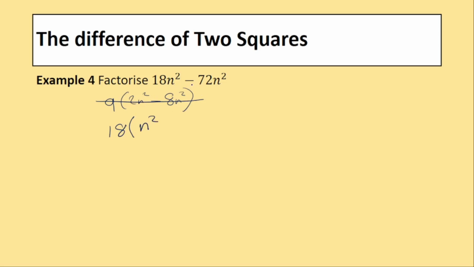Then negative 72n squared divided by 18 will give us negative 4n squared. When I look at what's in the brackets, we need to ensure that the 4 is written as a square. We need to find a number such that when we square it, it's going to give us 4. I think that number is 2.